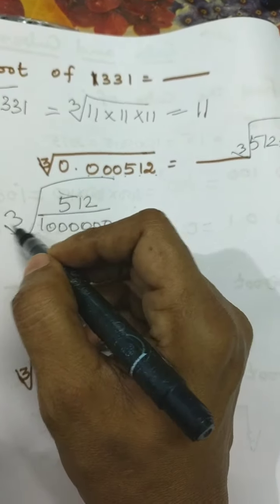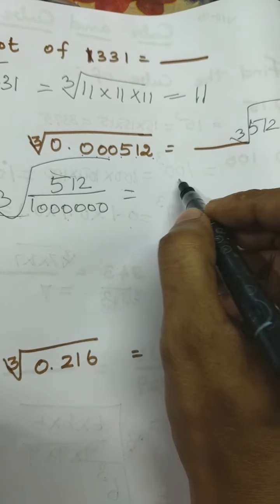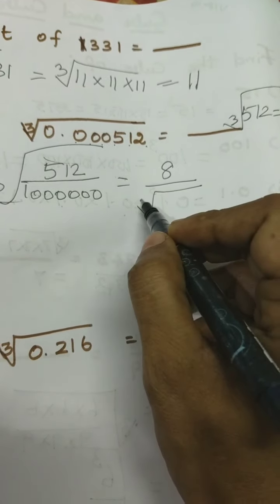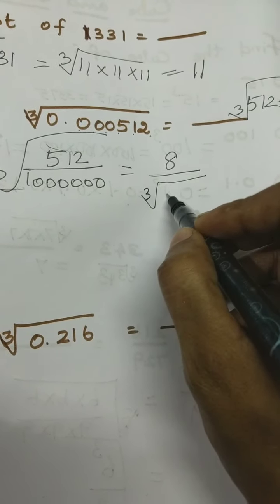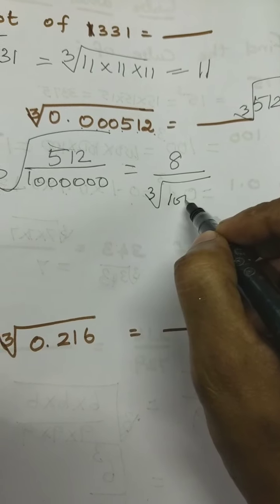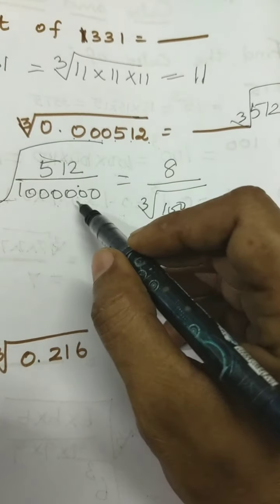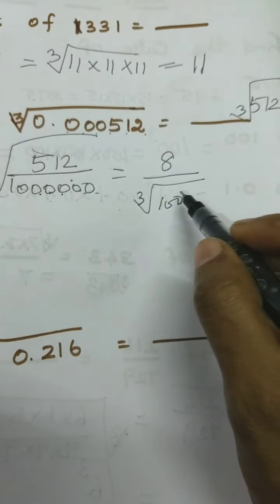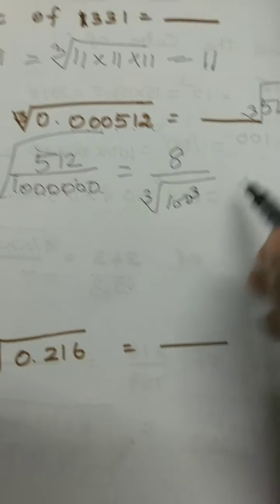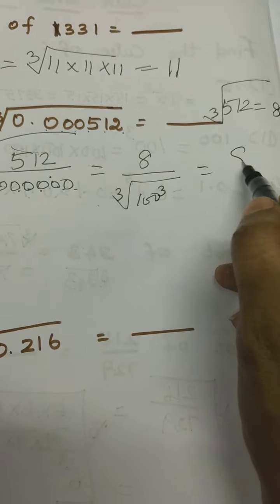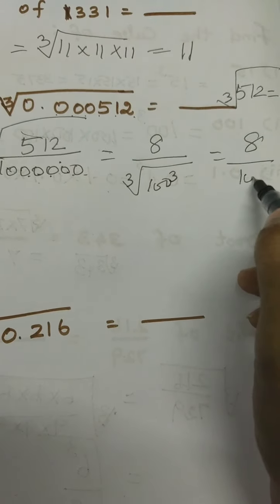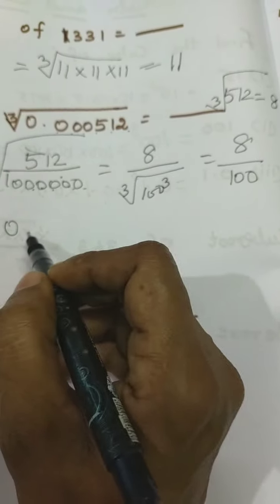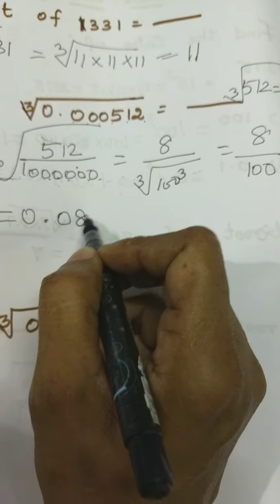Now in the cube root, 8 will come, divided by the cube root of 100 cube, isn't it? 100, 200, 300. Here 3 100s are here. So you can take 100 outside. 8 by 100. So the answer is 0.08.